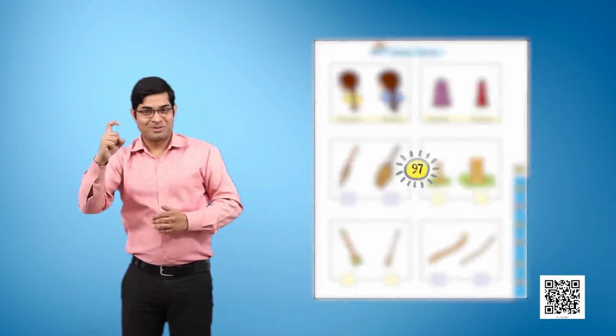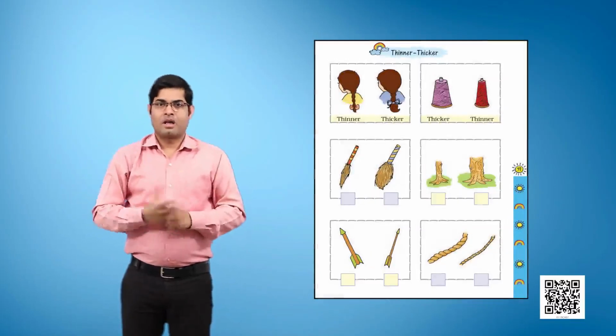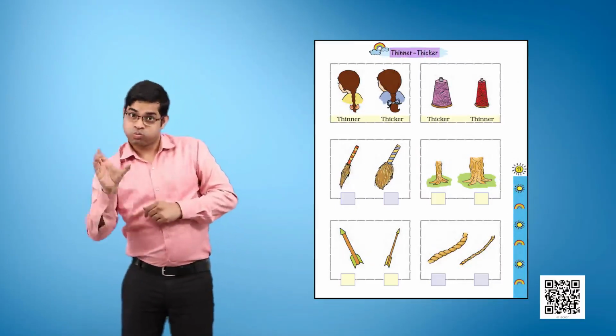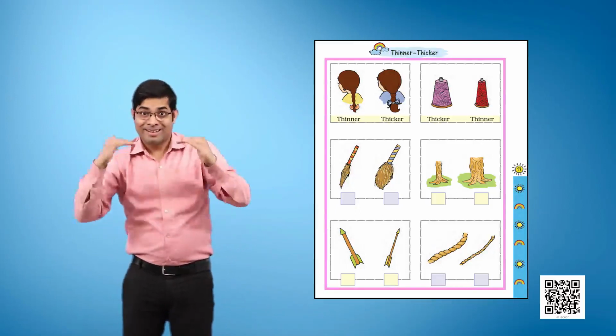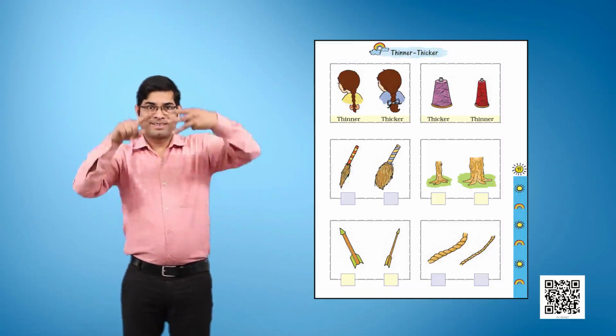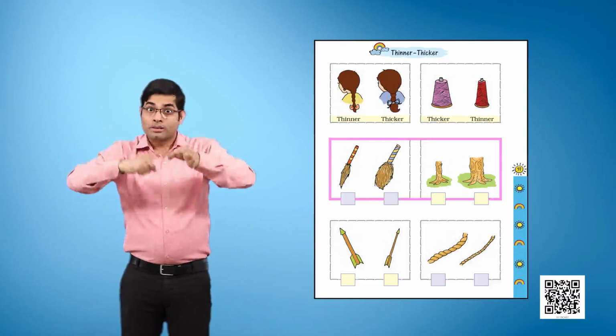Page 97. Thinner, thicker. This page is divided into 3 parts. Each part has 2 pictures and a question.